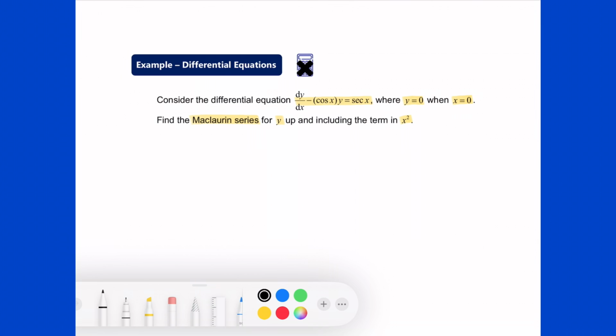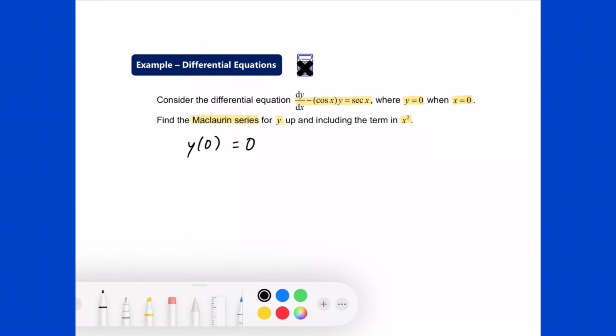At the beginning, because we are given that when x equals 0, y is equal to 0 as well, for step 1 we are going to write down the notation y(0), which is equal to 0. Then I would like to find the value of dy/dx when x equals 0.